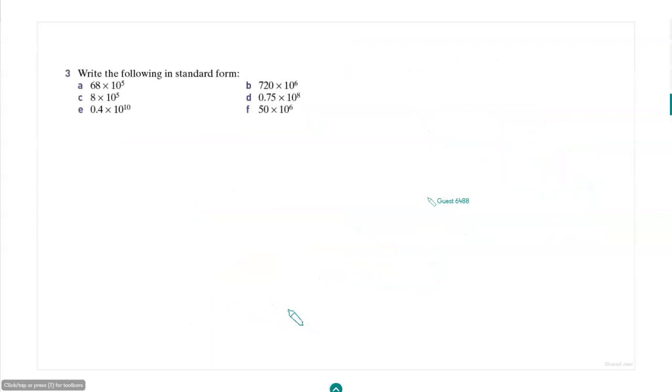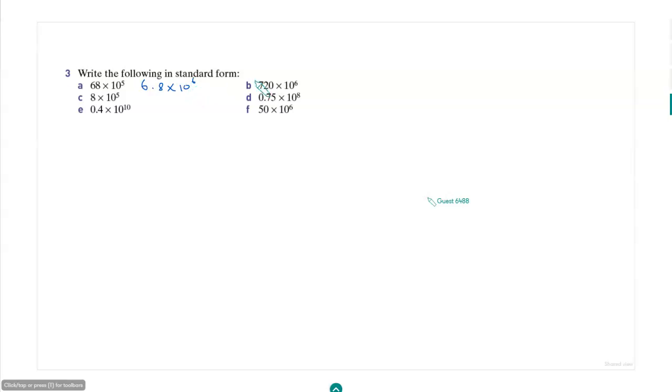Then, write the following in standard form. 68 into 10 to the power 5. 6.8 times 10 to the power 6.